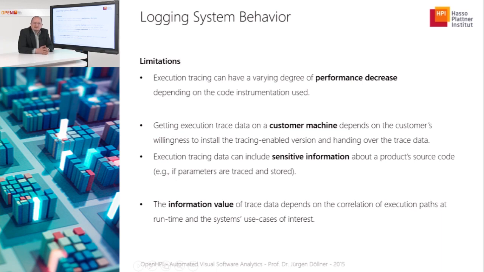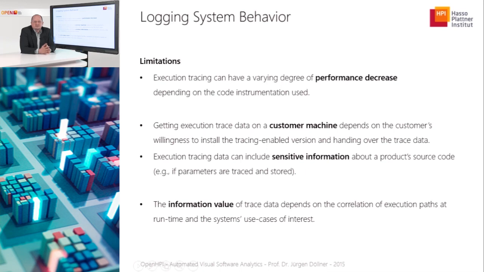There's another limitation: getting programs, systems that enable tracing. It's sometimes difficult to get such variants of the application on a customer machine, because it depends on the customer's willingness to install the tracing-enabled version and on the willingness to hand over the trace data at the end of the execution.